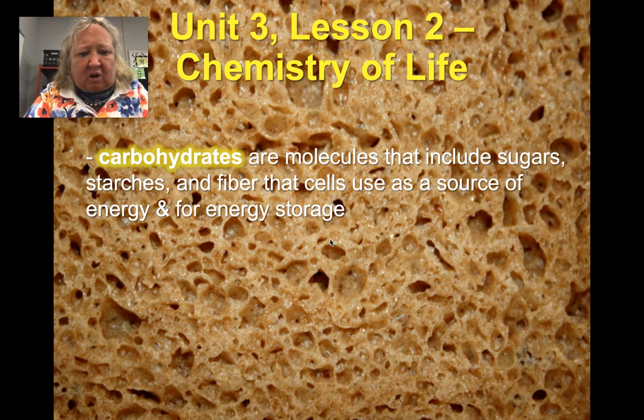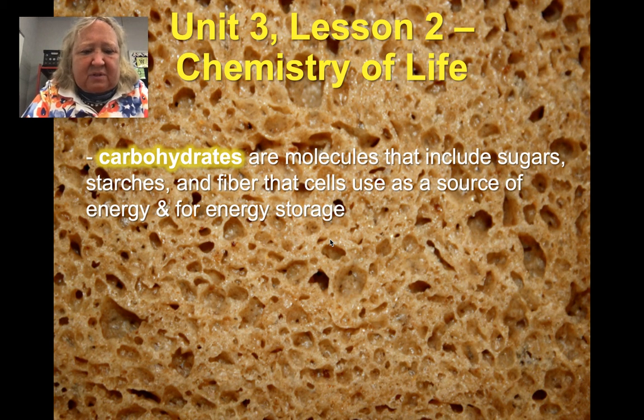Okay, then carbs. Some of us talked about that if you're an in-class student on Thursday. Carbs are the molecules that include sugars and starches, again, potatoes and pasta are starches, and fiber. And fiber helps us eliminate solid waste, we'll put it that way.